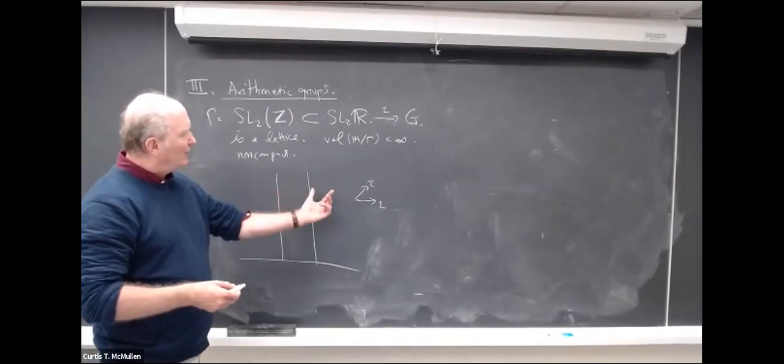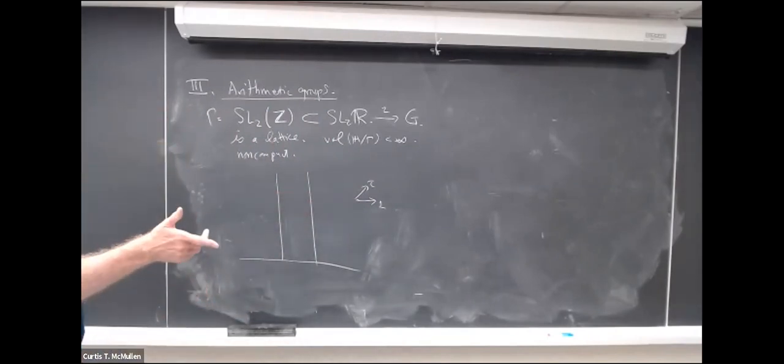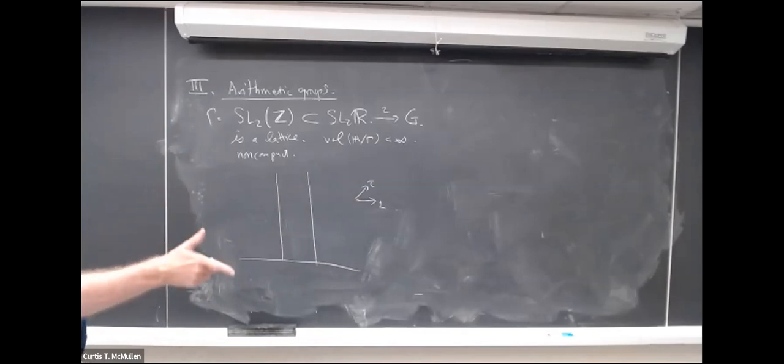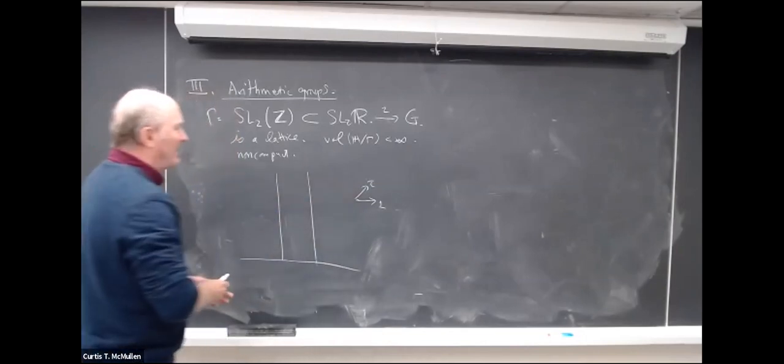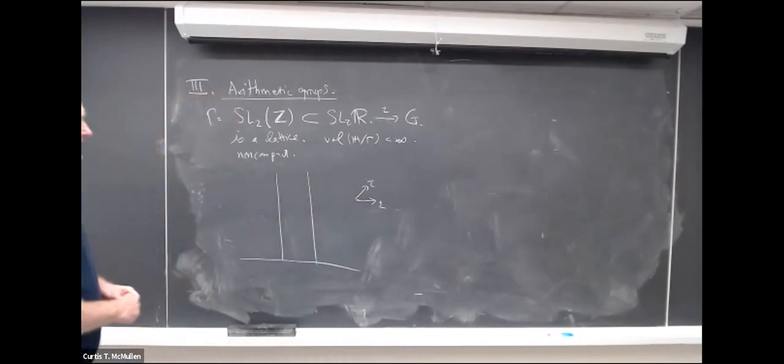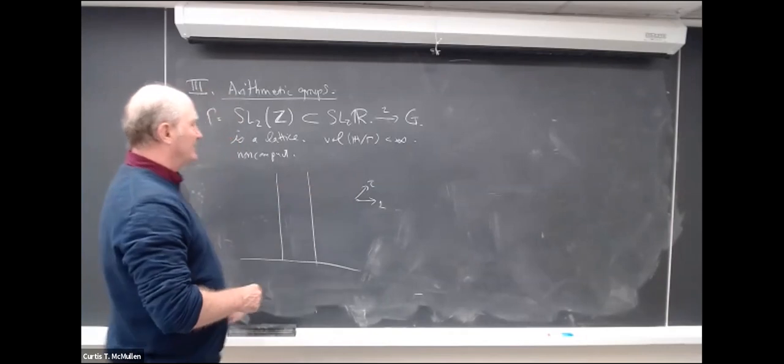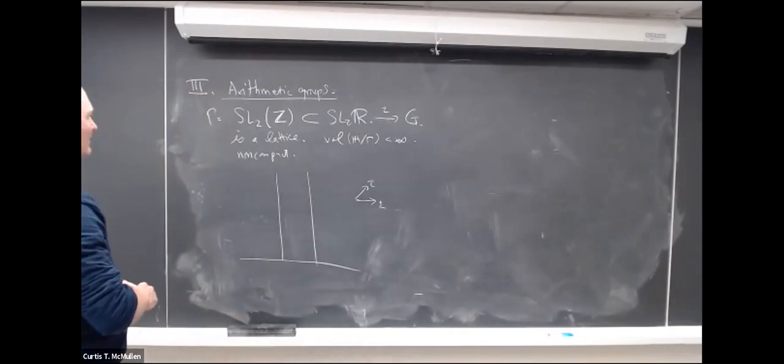And what you try to do is among all the different tau that specify the same point, you try to maximize the value of the imaginary part, or the height of tau.